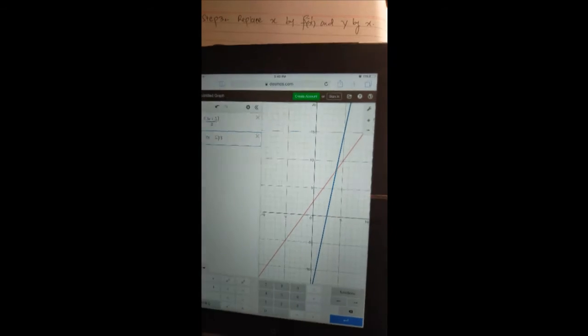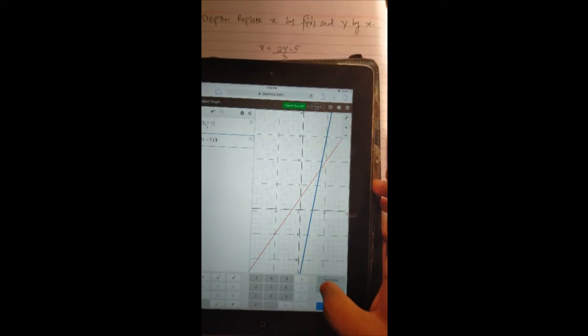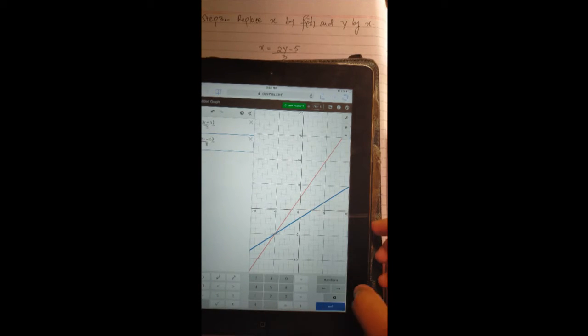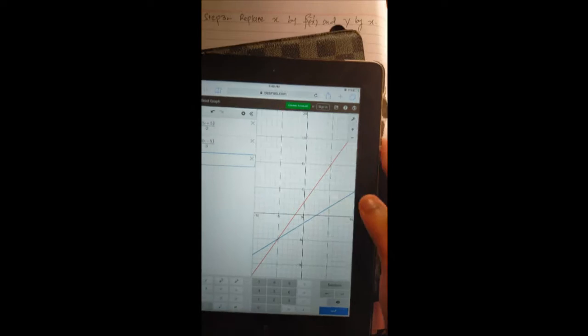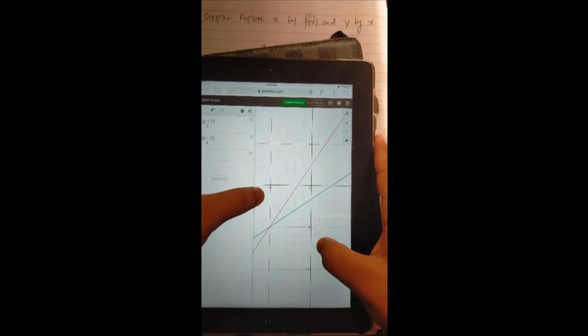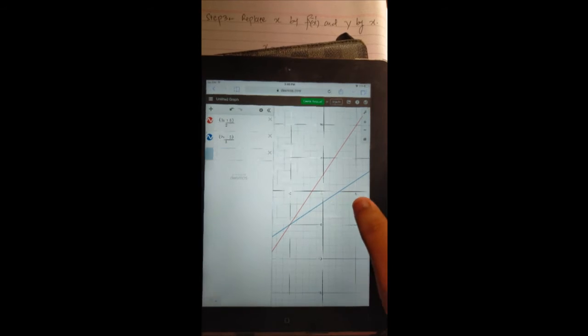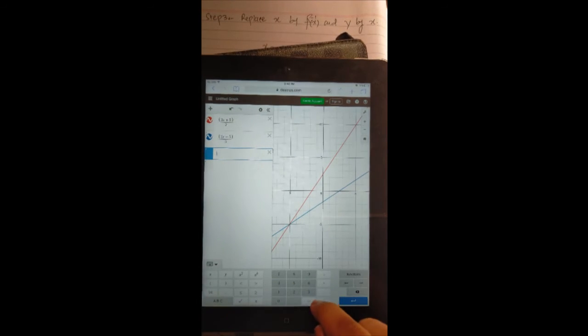Am I right? No, divided by 3. This is correct now. Okay, let me add the y equals x line as well.